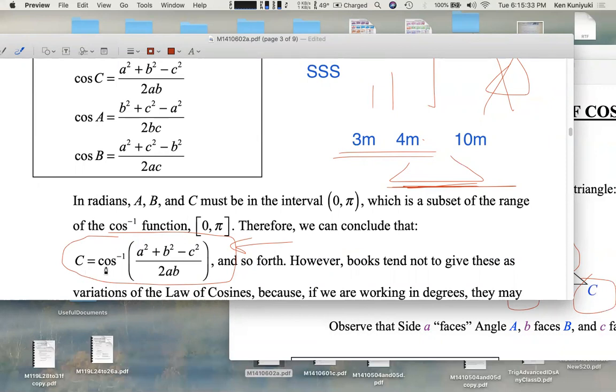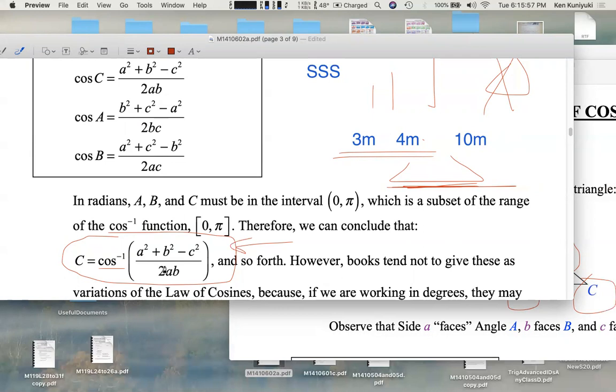Technically, books say that when you have an inverse sine, an inverse cosine, or an inverse tangent, the output should technically be measured in radians. And I think one reason why some textbooks don't write these variations is because we deal so often with degrees. Textbooks don't like to put this notation if we're going to write our answer in degree form. Personally, I don't have a problem with that.